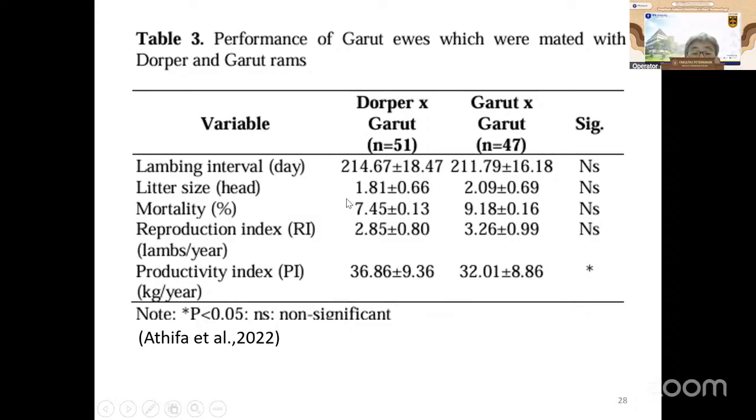And litter size, Garut sheep is better than crossbred, and mortality, crossbred is better than Garut sheep. And reproduction index, Garut sheep is better than crossbred. And productivity index, crossbred is better than Garut sheep.